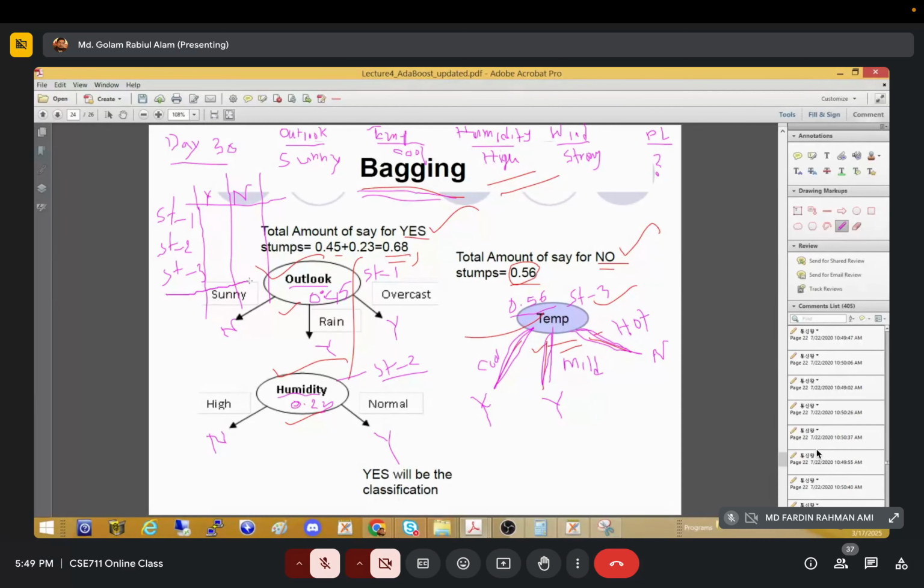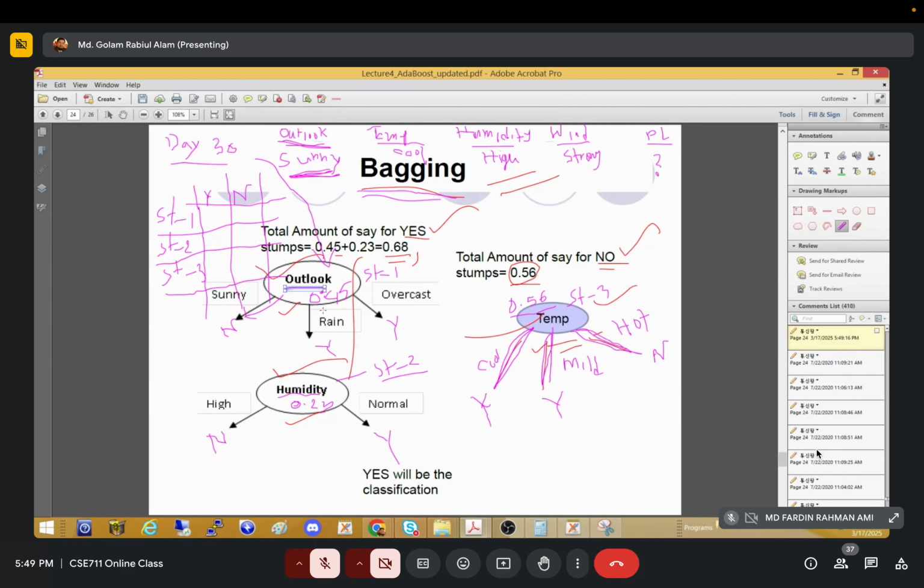Now if we pass this query to our stump 1, it will check the outlook. And we can say that the outlook is sunny. So if outlook is sunny, then the answer will be no. So in that case, stump 1 says no, so it will count the vote equal to the amount of say, that is the weight of the vote.